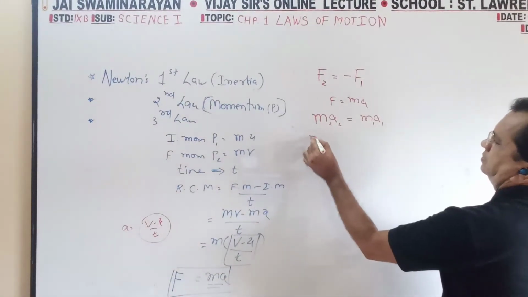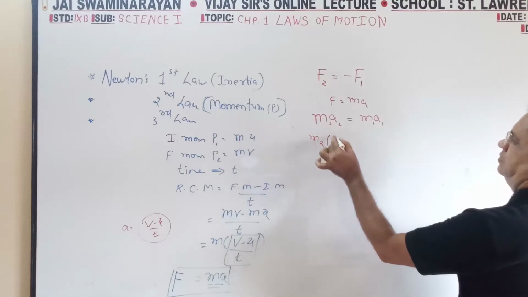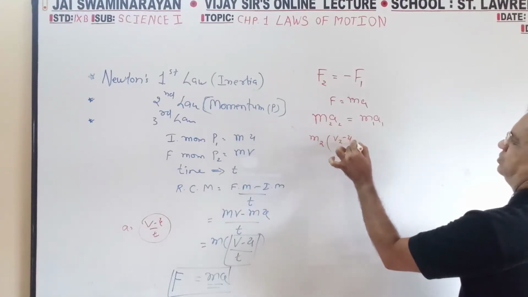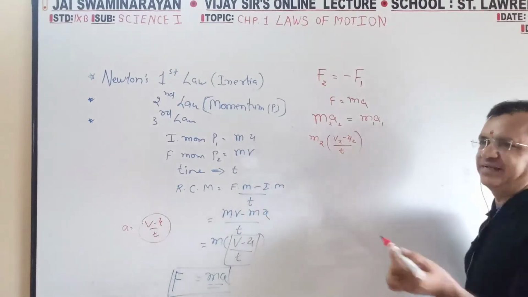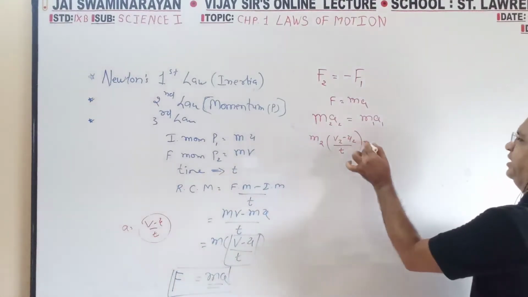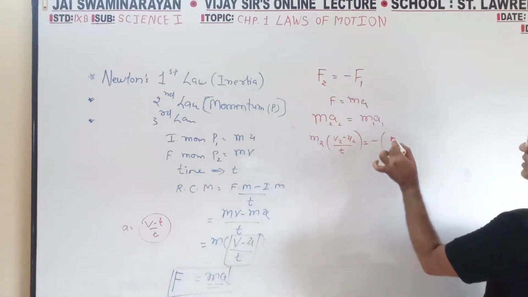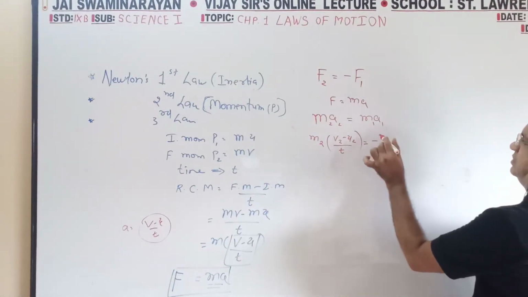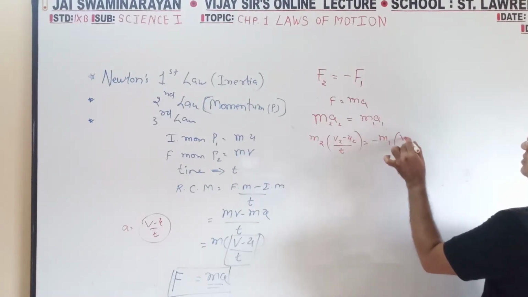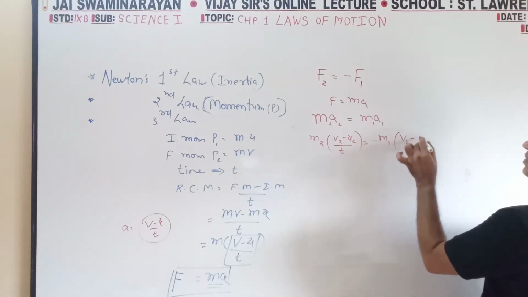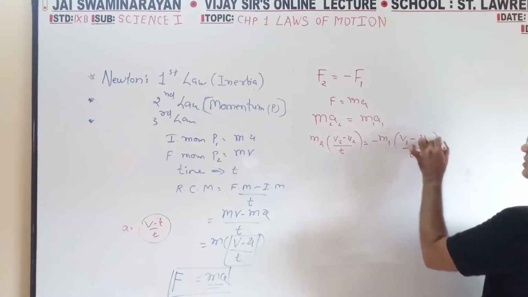So m2 (v2 minus u2) divided by time is equal to minus m1 (v1 minus u1) divided by t.